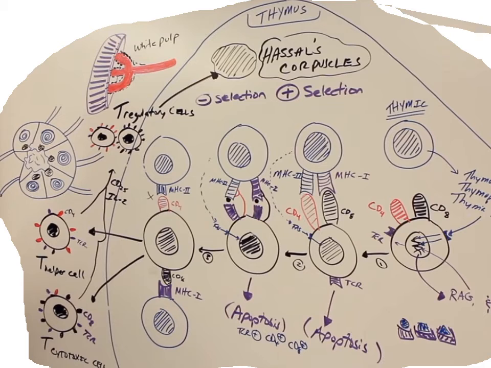When a lymphocyte has both CD4 and CD8 surface markers, we call it the double positive stage.